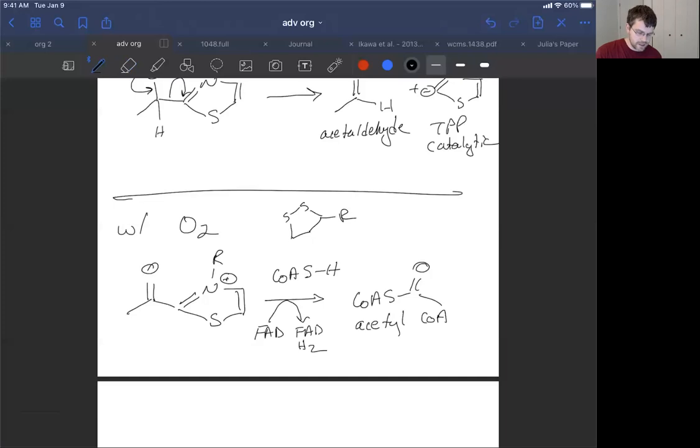So the FAD goes to FADH2, which then reacts with NAD. Well, okay, I thought this made sense to me, but apparently you take NAD plus and react that to make NADH to get back to FAD. I don't understand that catalytic cycle and how it relates to oxygen.